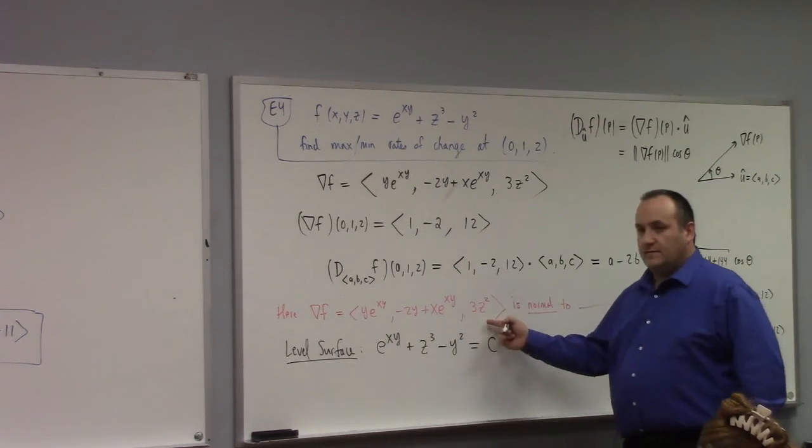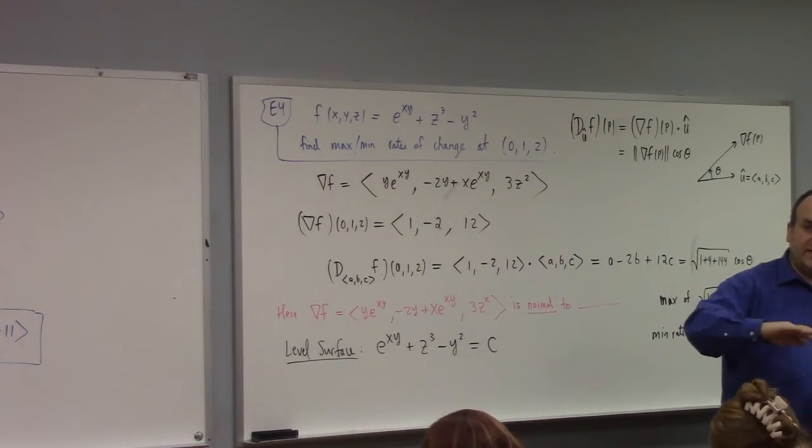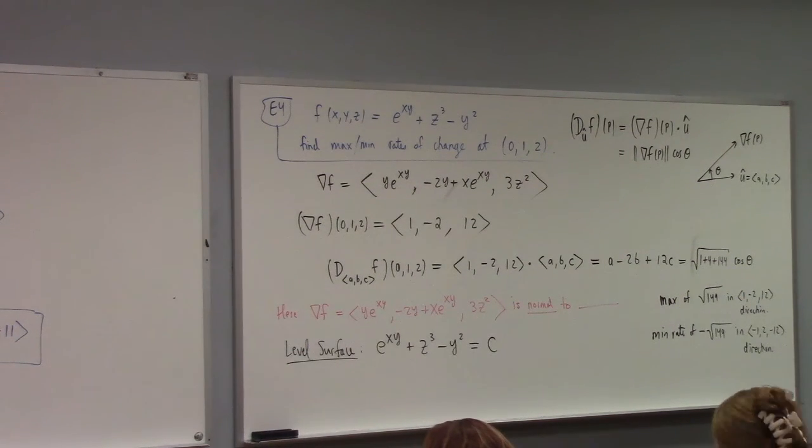The gradient is normal to that surface. That's what it's normal to. So that's the surface, the solution set to that equation, right? That gives you a set of points on which the value of f is constant.